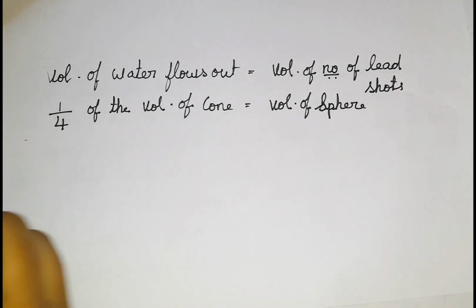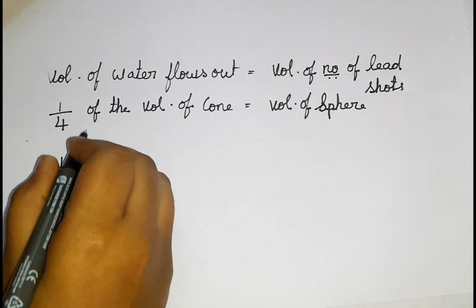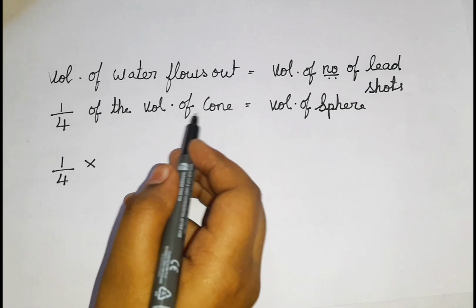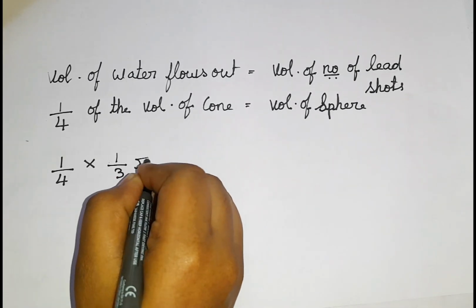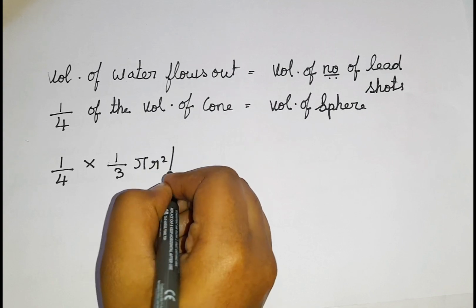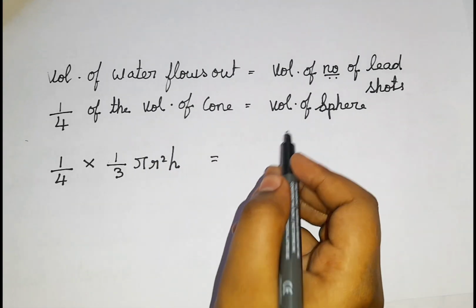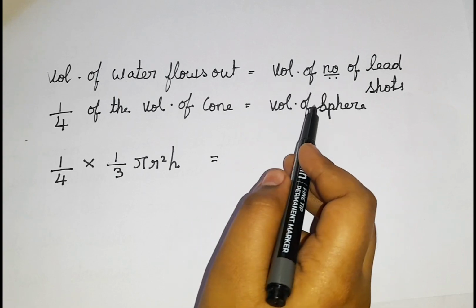Now we can apply the formula. We write 1/4 as it is, of means multiplication, then the volume of cone. What is the volume of cone? The volume of cone is 1/3 pi r square h, and that is equal to the volume of sphere. Why did we mention sphere?